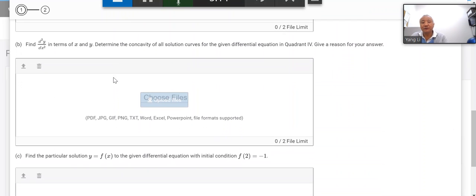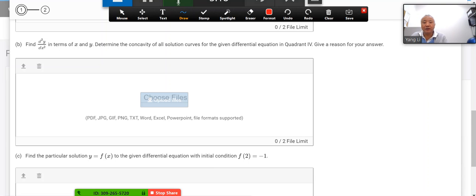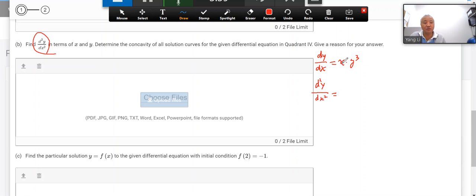So dy/dx equals x times y to the third power. But right now we're looking for the second derivative. So what we simply do is take the derivative of dy/dx one more time, right? We're going to use the product rule, okay?